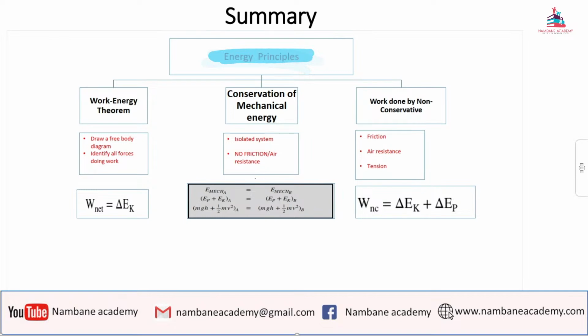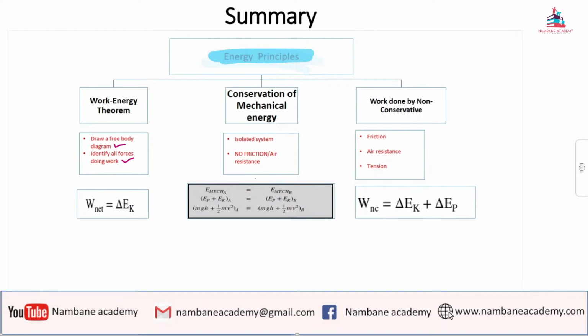Now, I have indicated a short approach of what needs to be done. When you are going to use the work energy theorem, please, let's use purple, please draw a free body diagram. Identify all forces that are doing work. And immediately thereafter, the equation that you must start with, you can manipulate everything later.